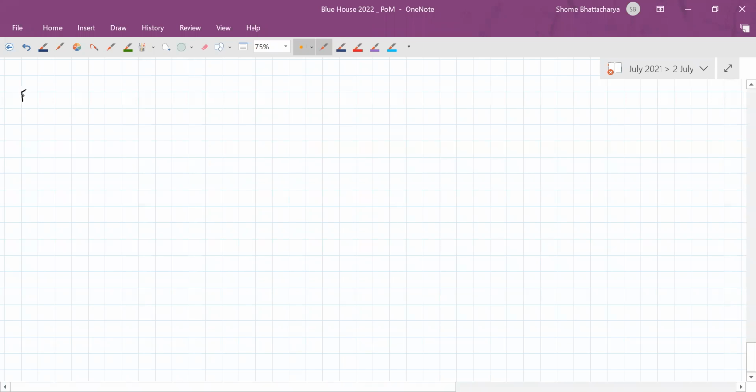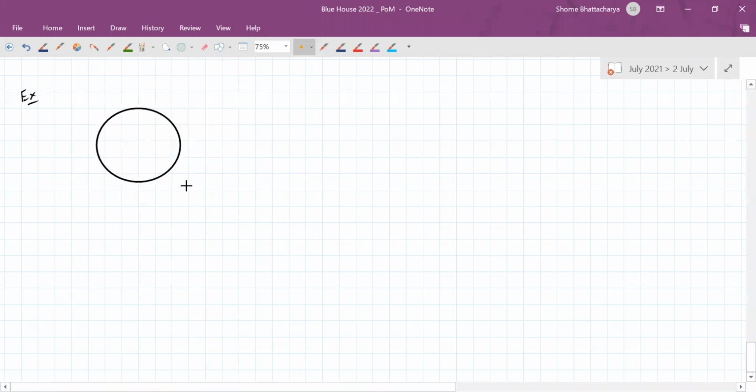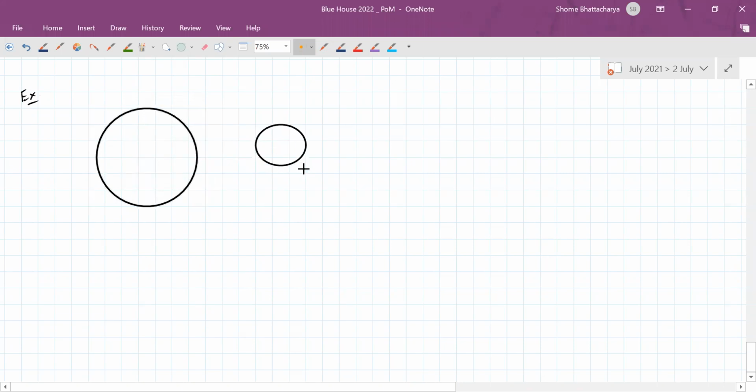Now, in our next example, we have this kind of a situation. Let's say we have two soap bubbles which are of different radii. This has a radius of 6 millimeters, and this has a radius of 4 millimeters.